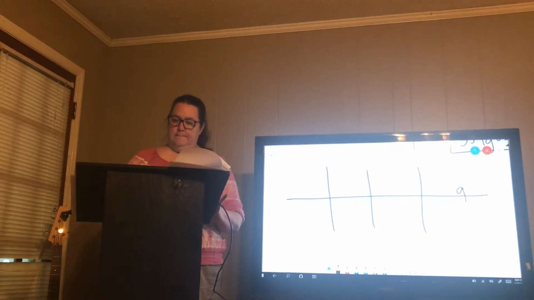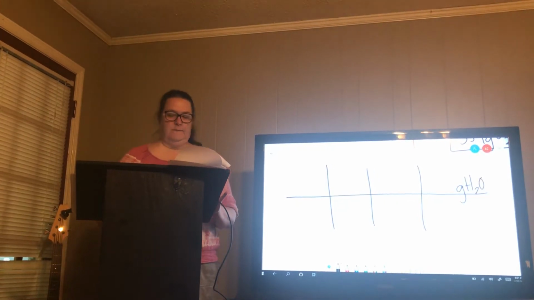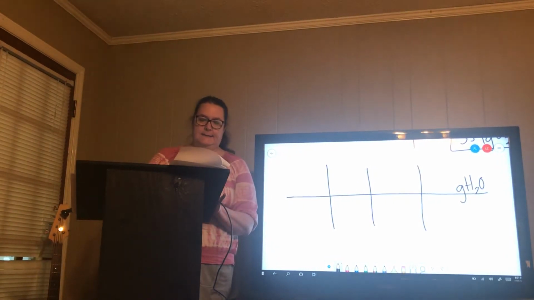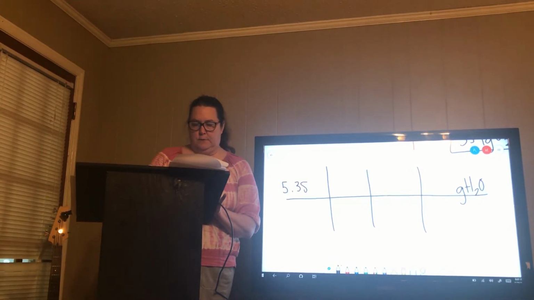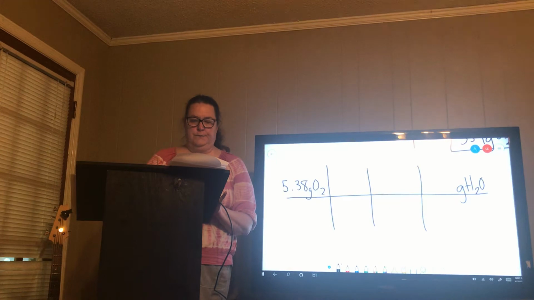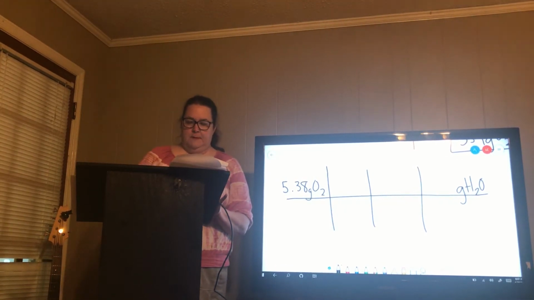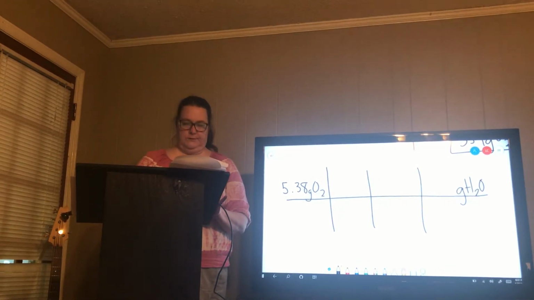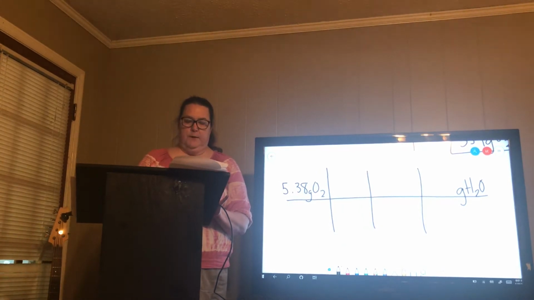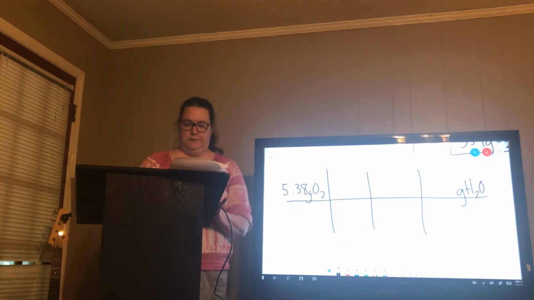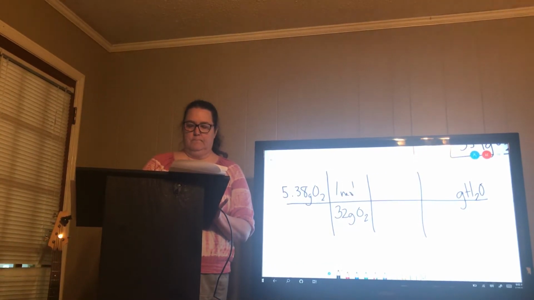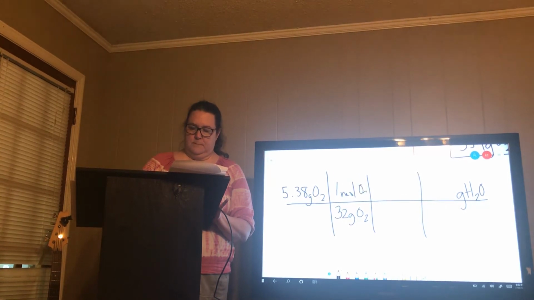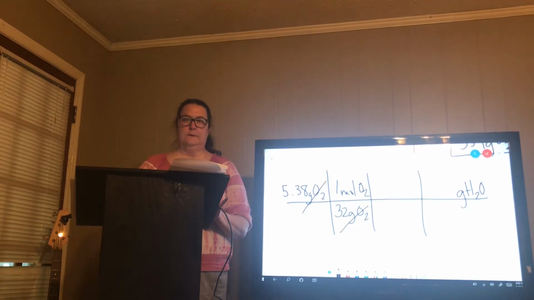It wants me to find the grams of water, and it says I have 5.38 grams of O2. We're starting on a new problem. I need to get rid of the grams of O2. I know that every mole of O2 is 32 grams, so that cancels this out.